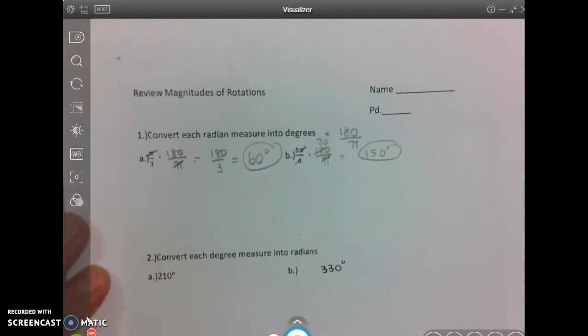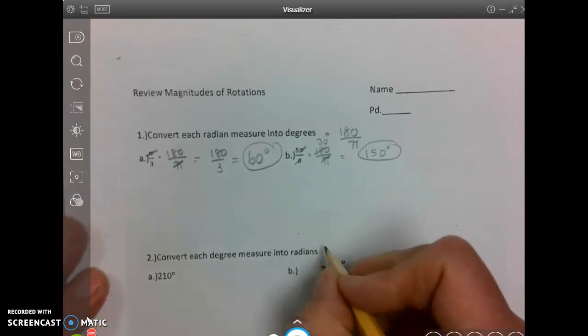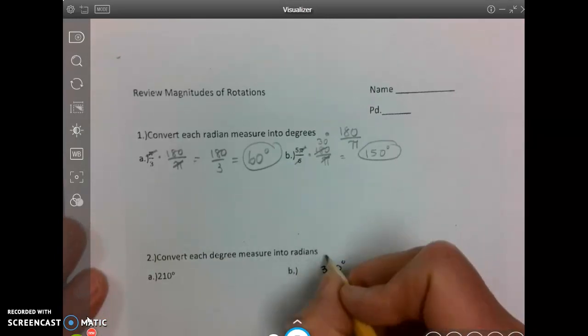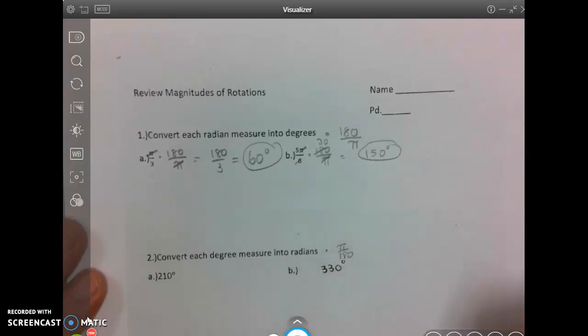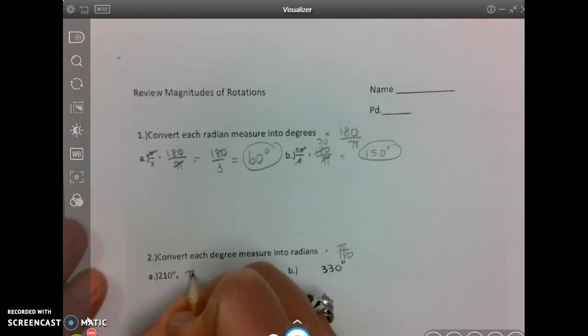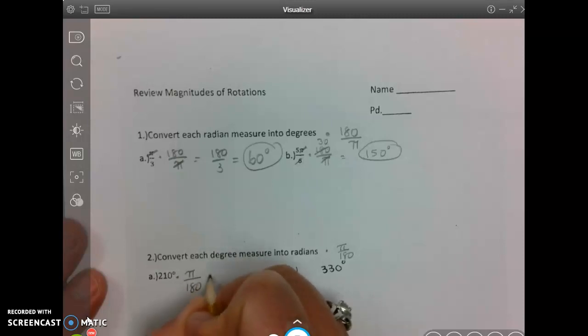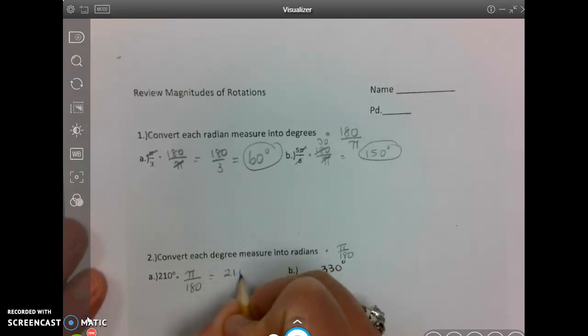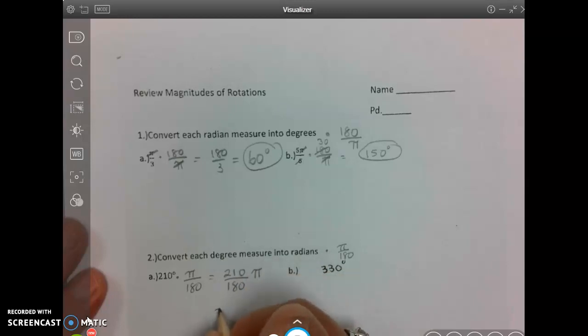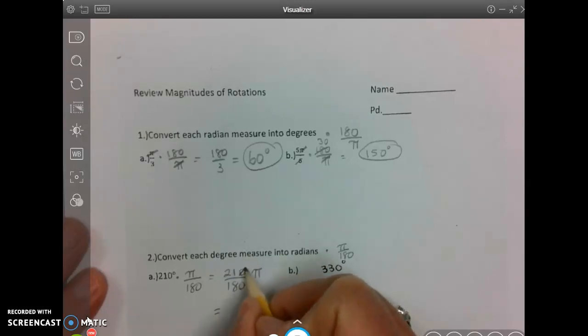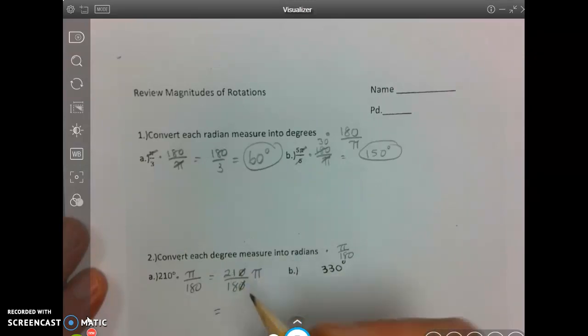All right, now we're going to convert degrees into radians. So I'm multiplying by pi over 180, and I get 210 over 180 pi. I realize right away they can be divided by 10, and 21 and 18 can both be divided by 3, so I get 7/6 pi.